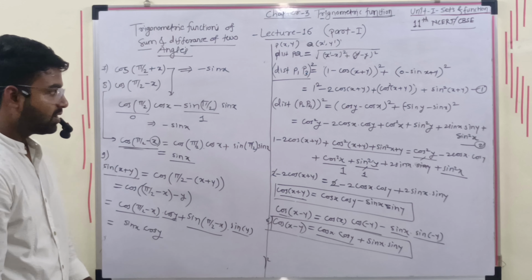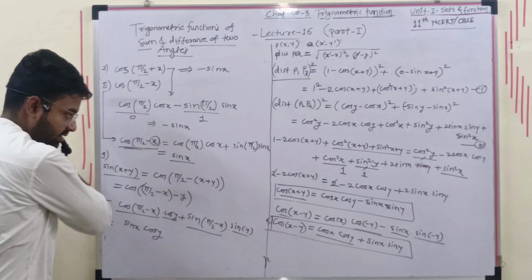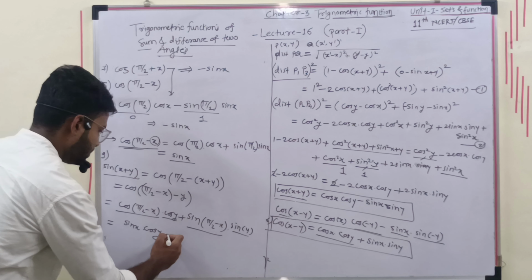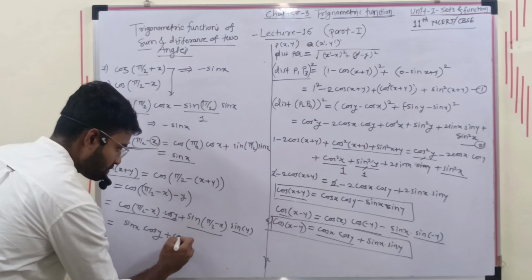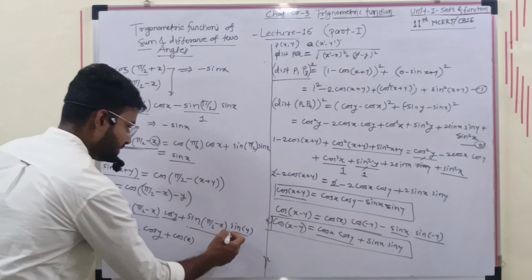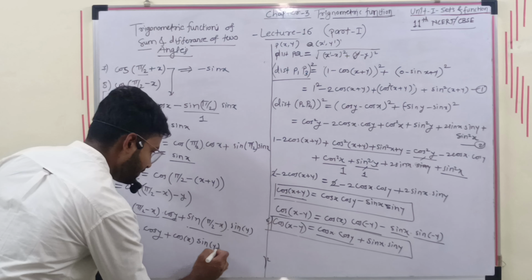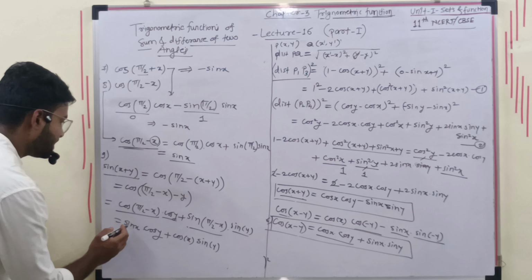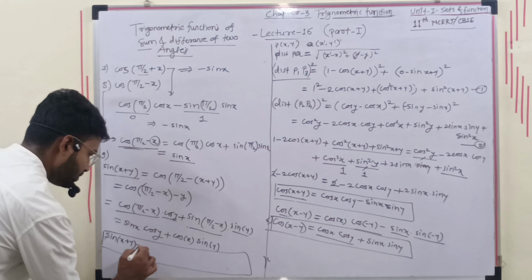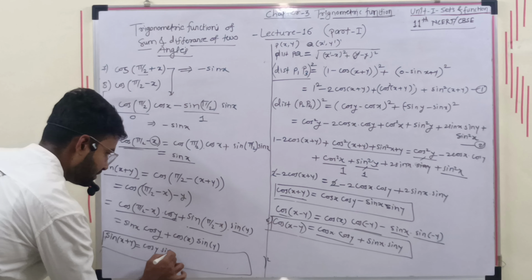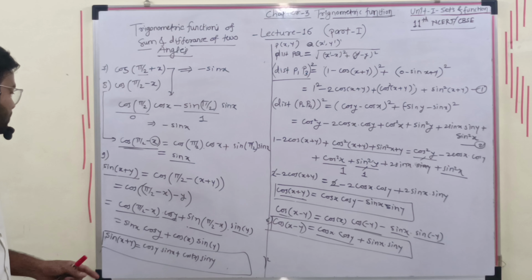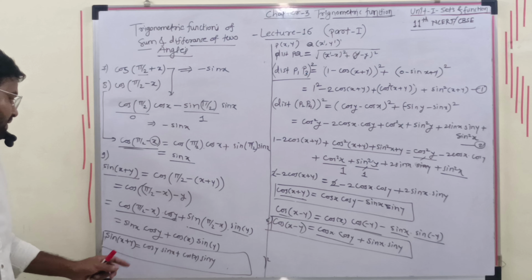We saw in the previous lecture that sin of pi by 2 minus x is nothing but cos of x, and this is sin of y. Hence sin of x plus y is equal to cos y sin x plus cos x sin y. And you can do it for subtraction too; see what comes for sin of x minus y.